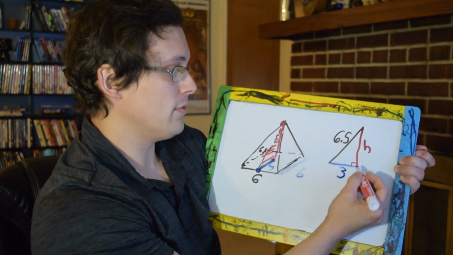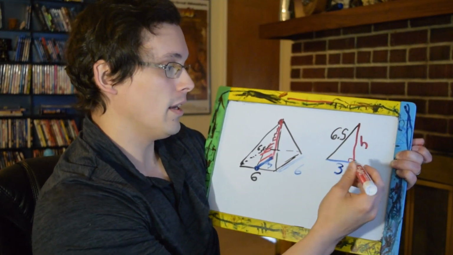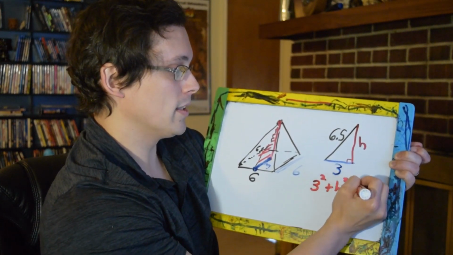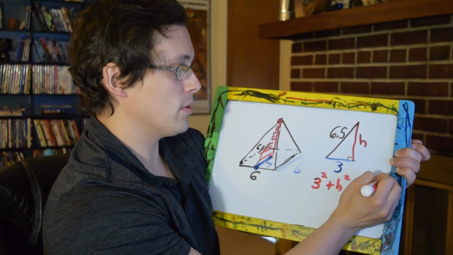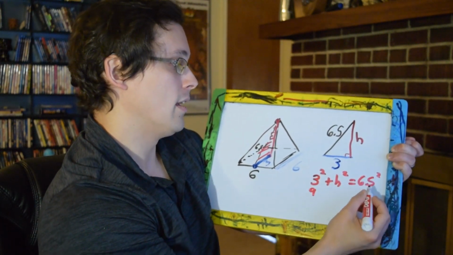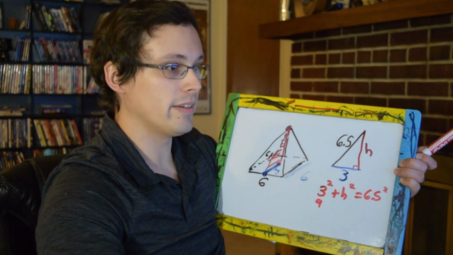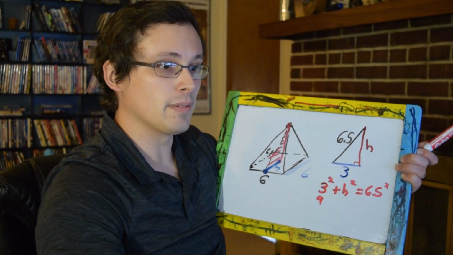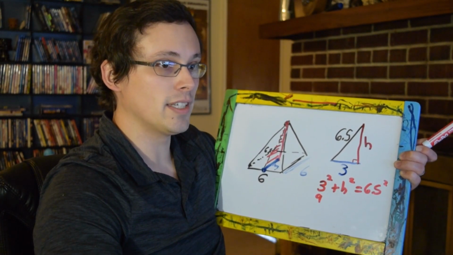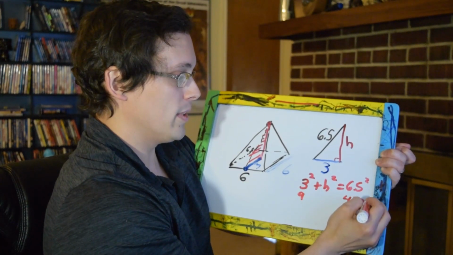We should be able to solve for this with leg squared plus leg squared equals hypotenuse squared. So 3 squared plus h squared equals 6.5 squared. That's all we need to solve. 3 squared is 9. 6.5 squared is not something I'm going to do in my head on live video, so I am pulling out a handy calculator. It's 42.25.